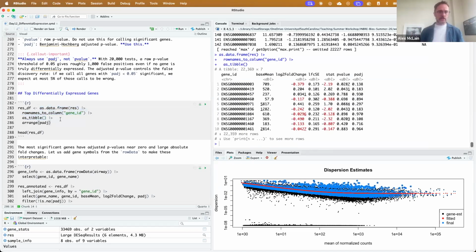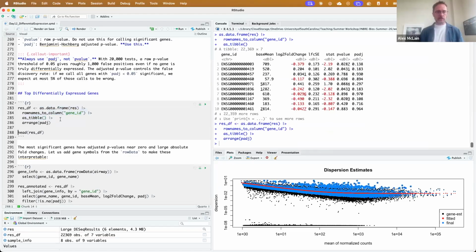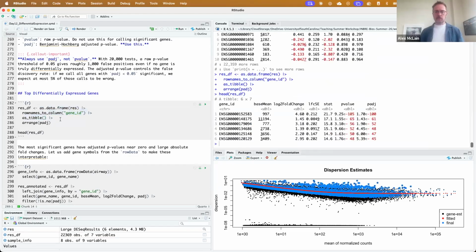And then finally, we are arranging by the p-adjust variable so that the genes with the smallest p-values are elevated to the top. So these are the most significant genes that we have. So here we see the gene ID for the most significant genes.